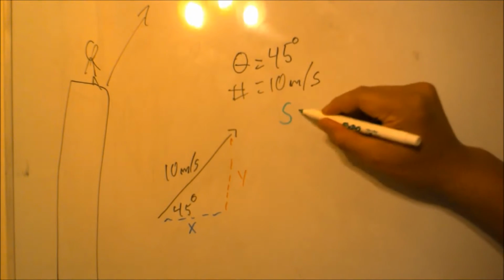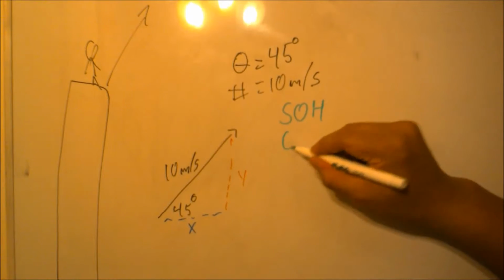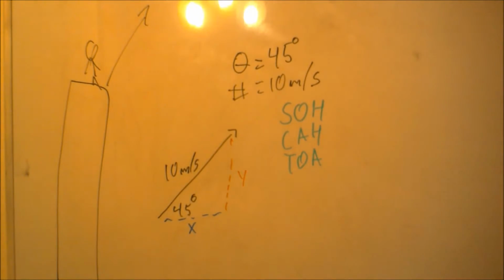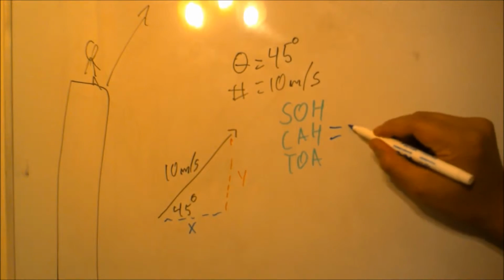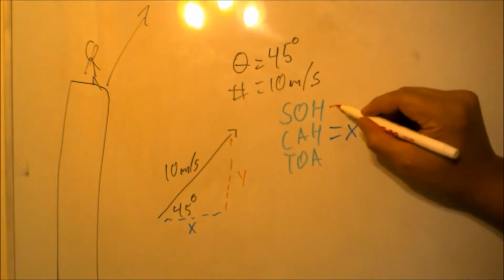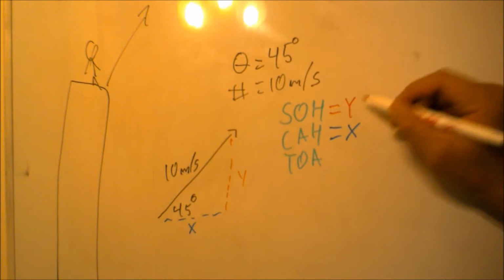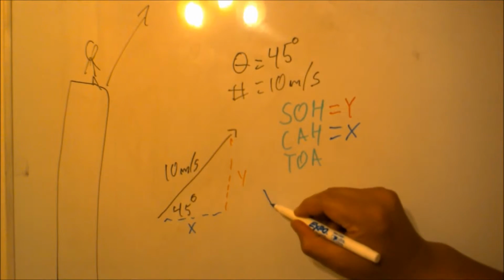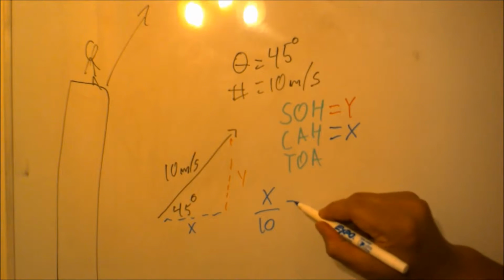We're going to use trigonometry here. Specifically, we're going to use cosine to find out x, and we're going to use sine to find out y. First we'll take x over 10 is equal to cosine 45.